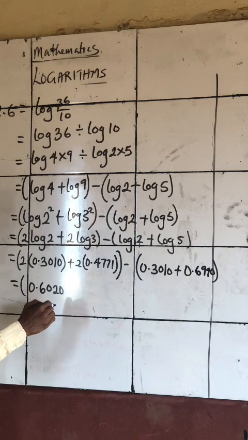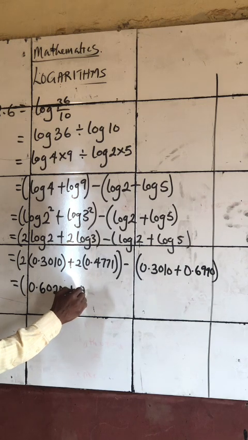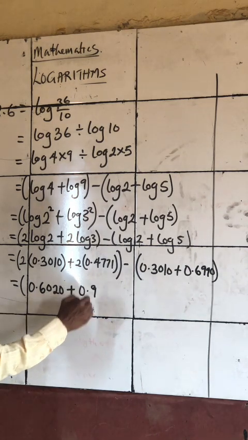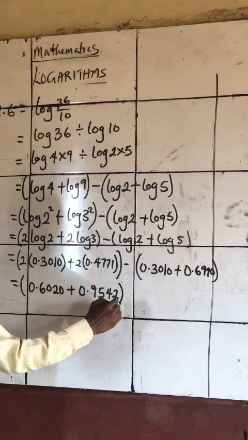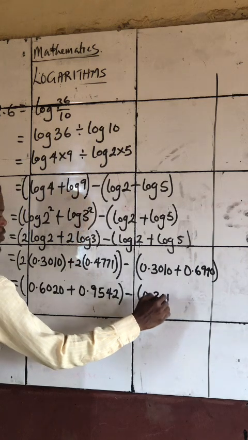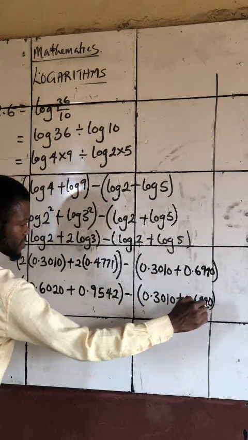Now, 2 times this will give me 0.6020, isn't it? Plus this will give me 0.9542, minus 0.3010 plus 0.6990.